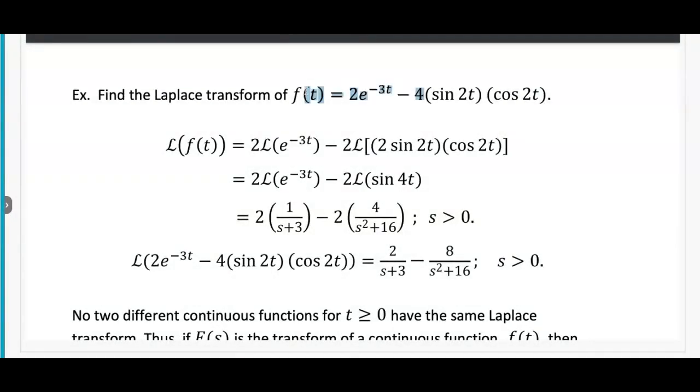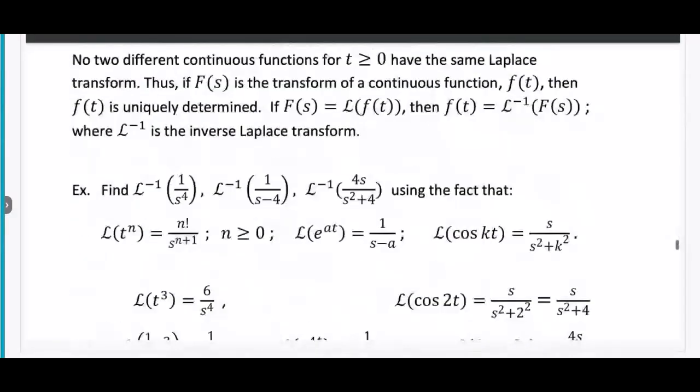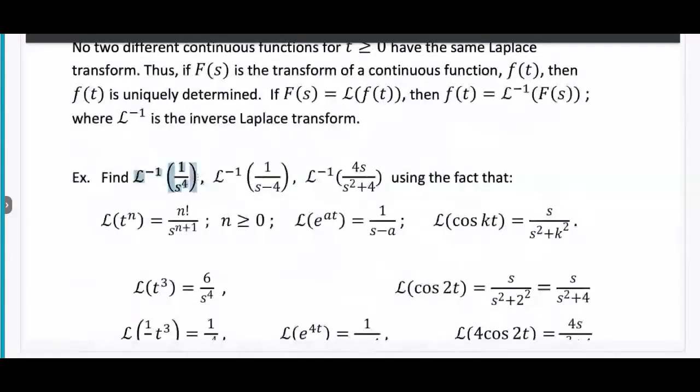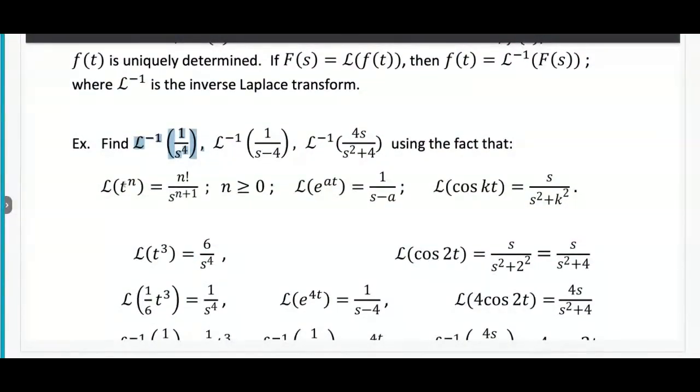Okay, so a final question may look something like this: find the inverse of Laplace. We know the Laplace of t to the nth power is n factorial divided by s to the n plus 1.